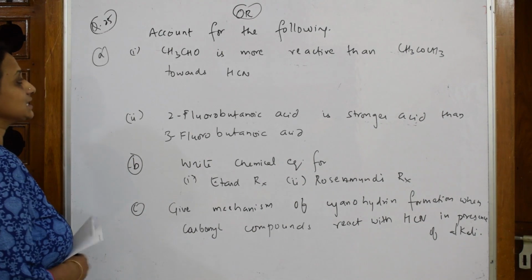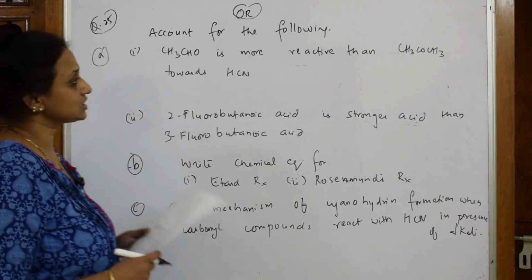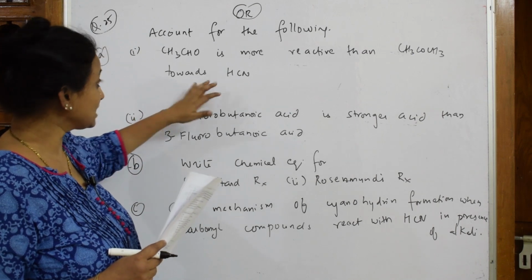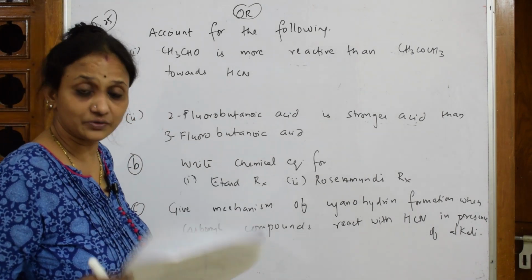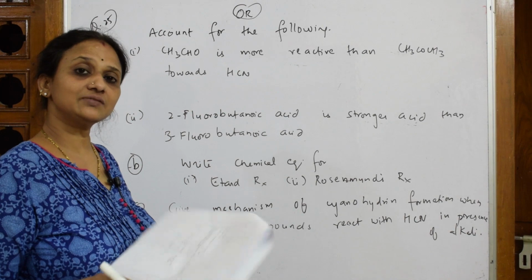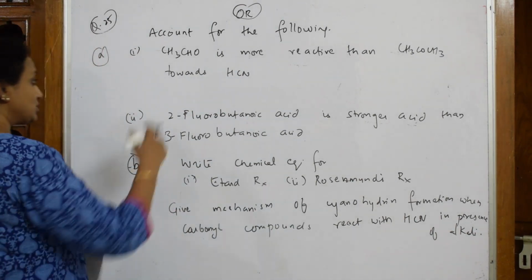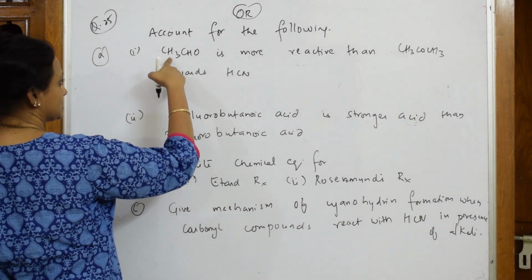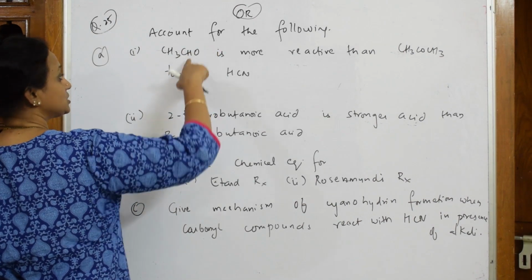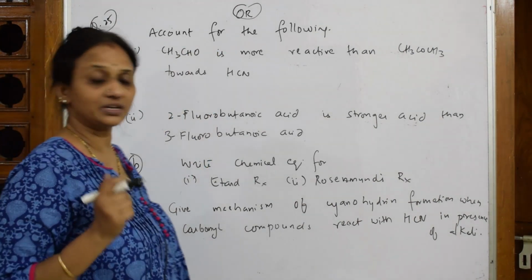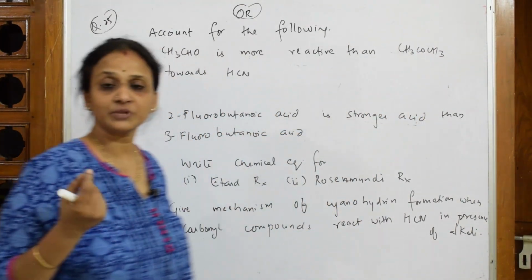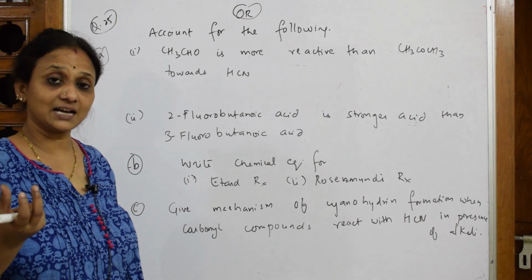Account for the following. Acetaldehyde is more reactive than CH3COCH3, that is your acetone, towards HCN, the most important thing. Whenever I speak about HCN addition, you have to see what happened here. Here this is CH3, this carbon, oxygen, 1 hydrogen. There's a smaller atom there. But here your bulky methyl groups are present around CO. So what is the factor acting there?